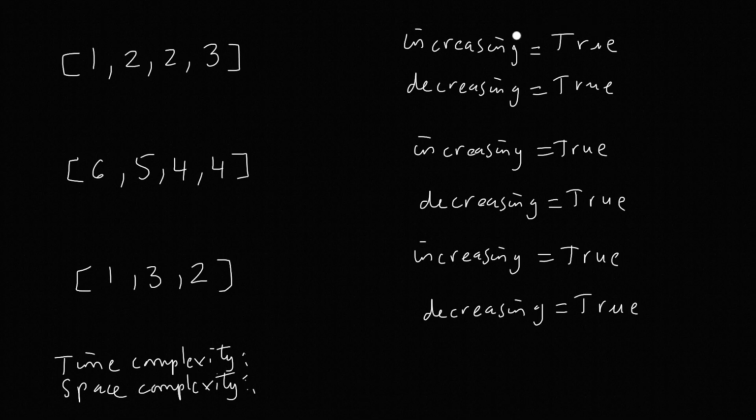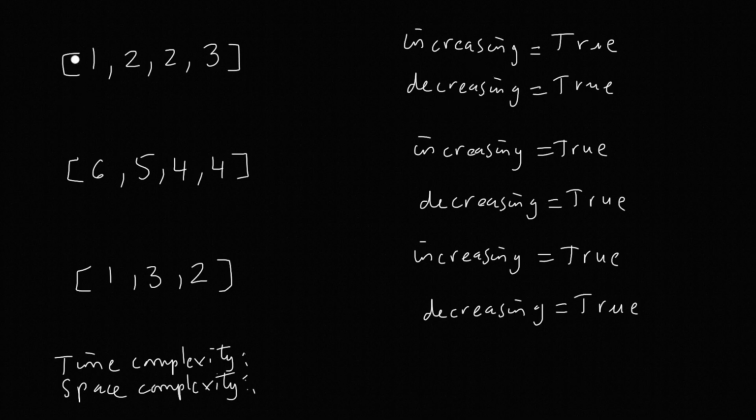We can set both of these to true, and because the array cannot be both increasing and decreasing, at the end one of these will be false, the other will be true, and vice versa. Or in the case that the array is neither monotone increasing nor monotone decreasing, both of the conditions will be false, and the final answer will be false.